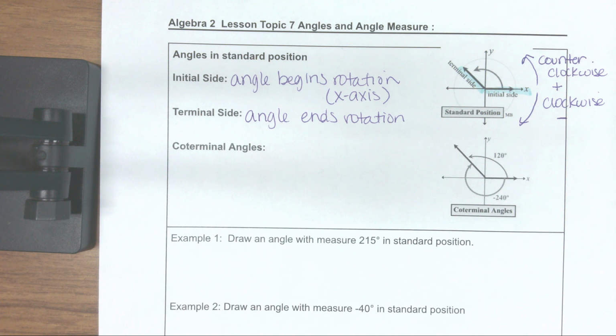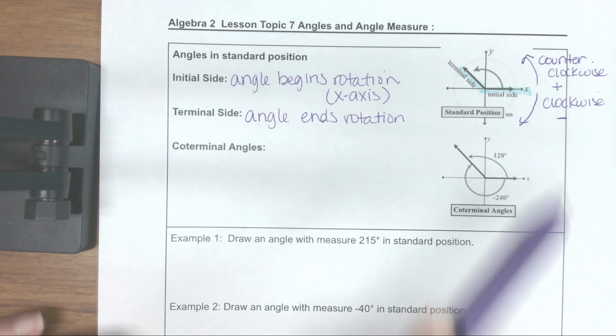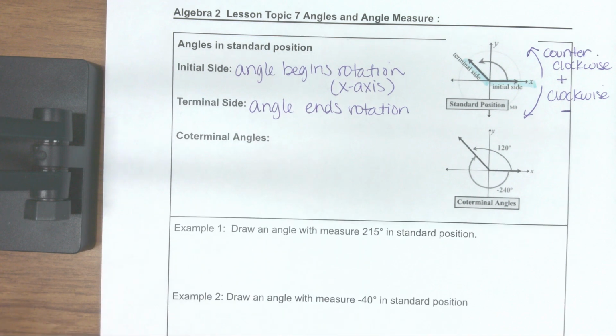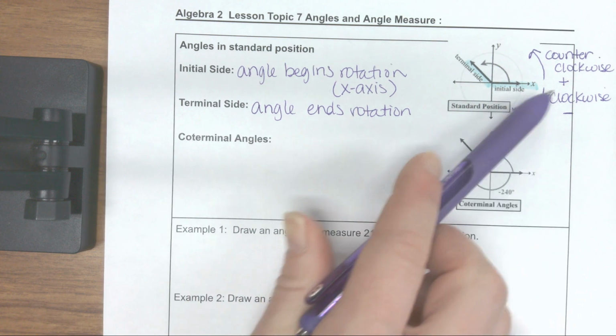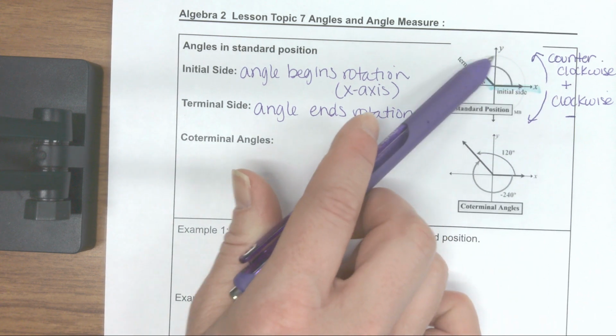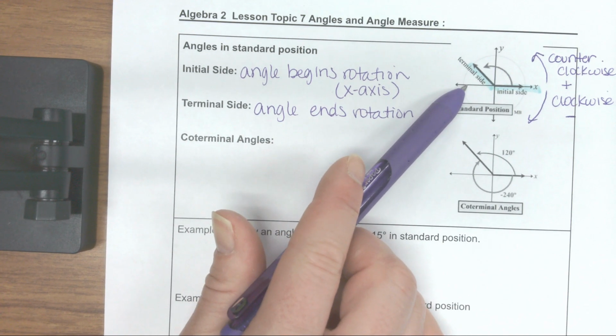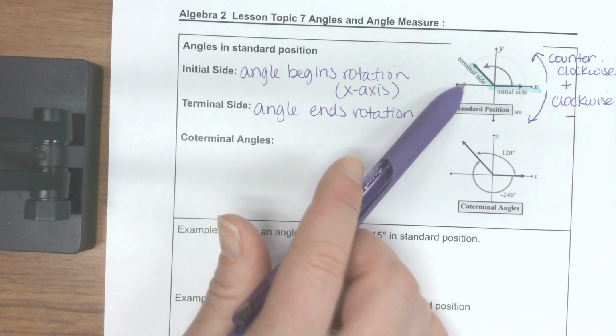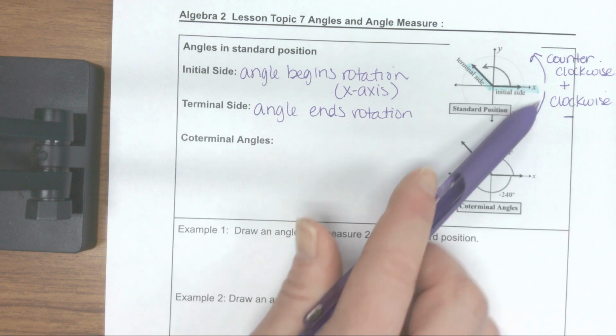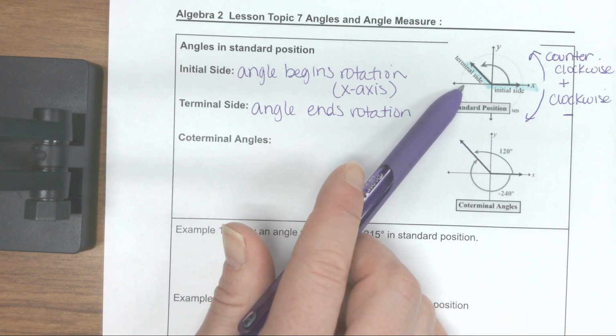So, how many degrees all the way around? 360, good. So here's the deal then. If I have an angle here, and let's say I rotate it a positive degree measure, let's say all the way to here, that's 180. Couldn't I still get to this same spot by rotating it negative 180? Agreed?